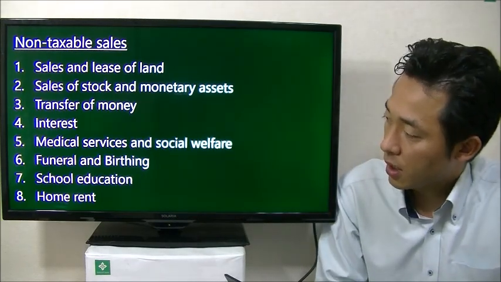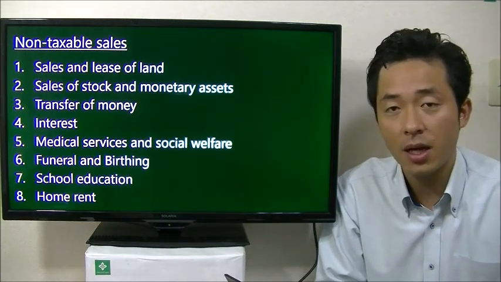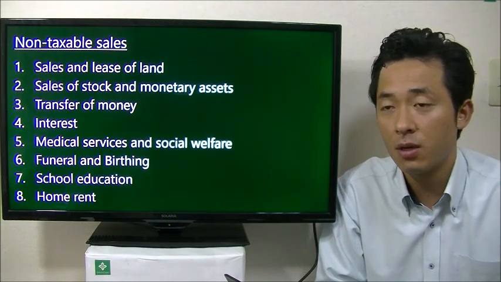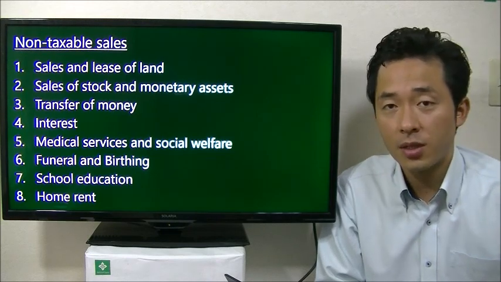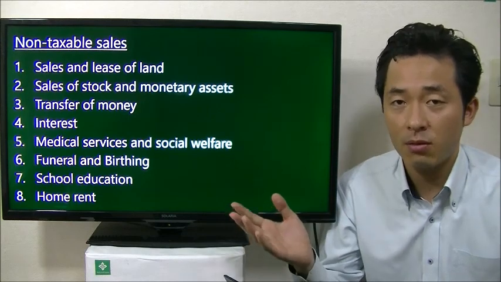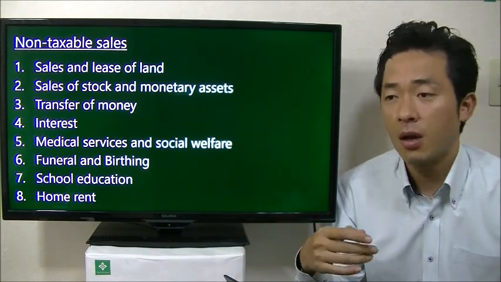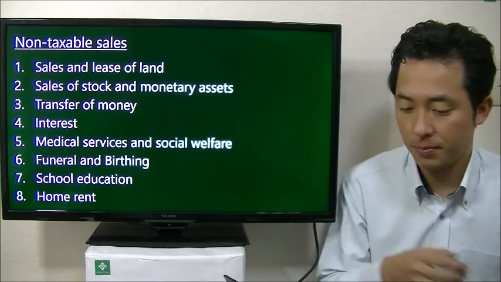And the last one is home rent. The rent has to be for residential use. If you're renting an office, that's taxable. But if you're renting for your home, that is not a taxable transaction.